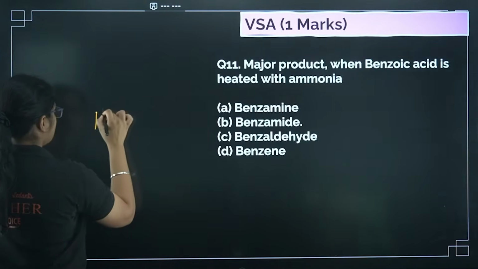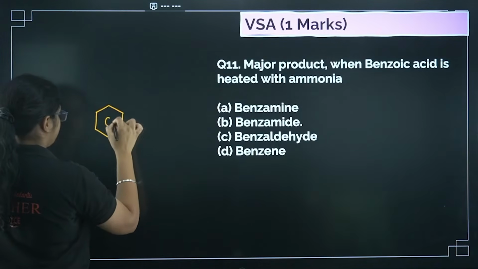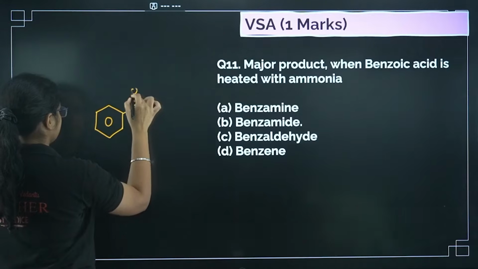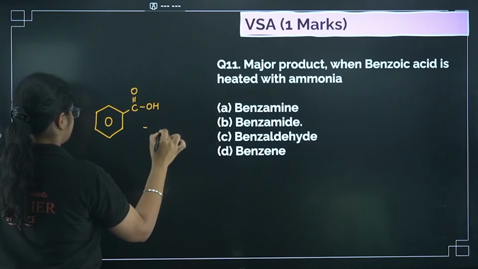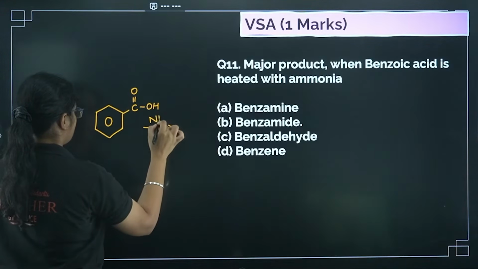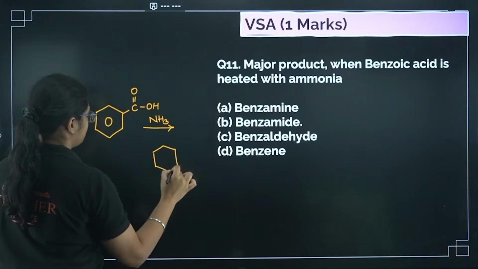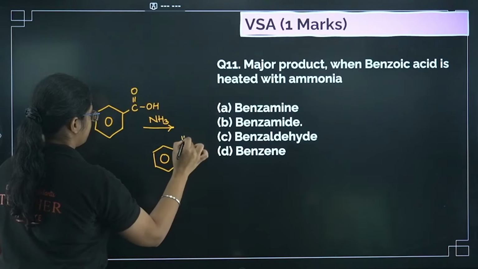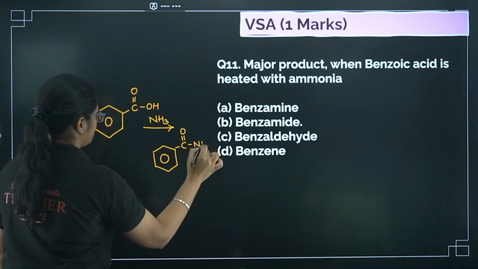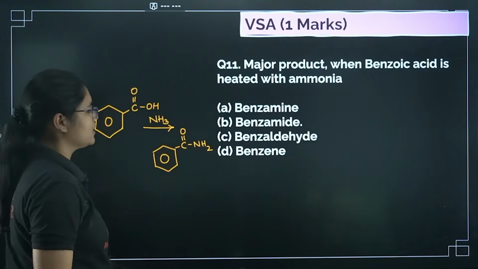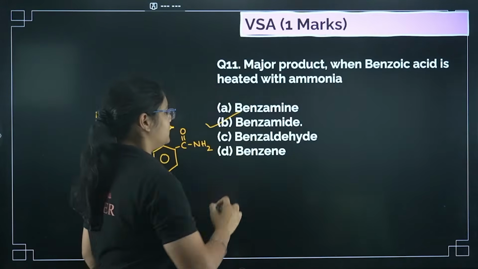So you have benzoic acid, and when it is treated with ammonia, the OH group is replaced with the NH2 group and you will get benzamide. That is option number B here.